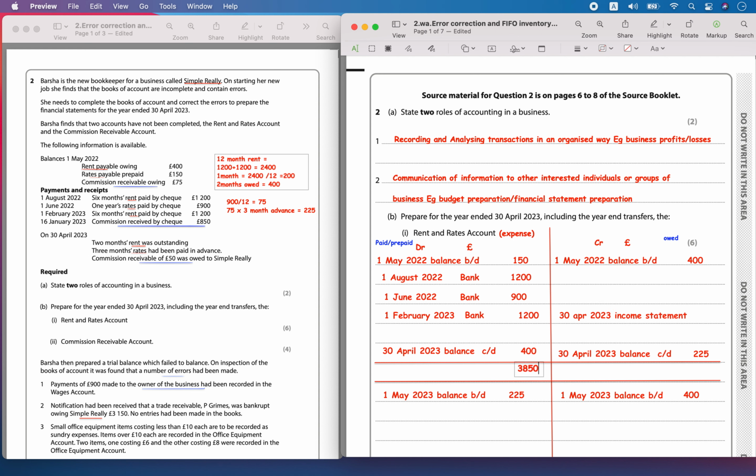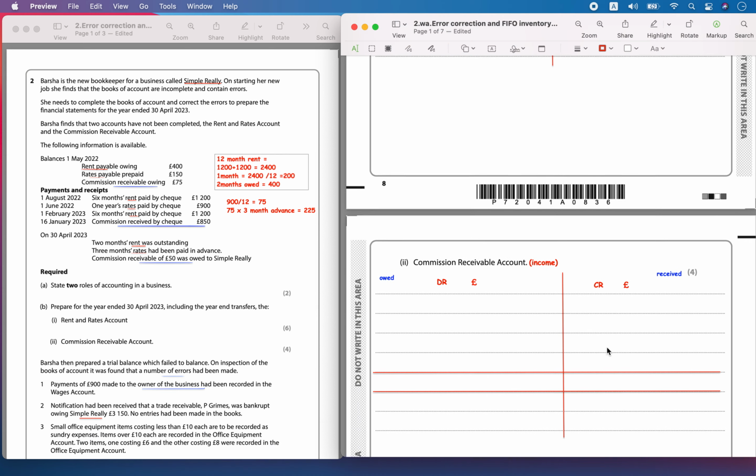So this value is going to be 3850. 3850 minus 400 and minus 225 is what I will be transferring to the income statement on this side, because the total has to be the same. So this value is going to be equal to 3225. So this much is going to be transferred to the income statement.